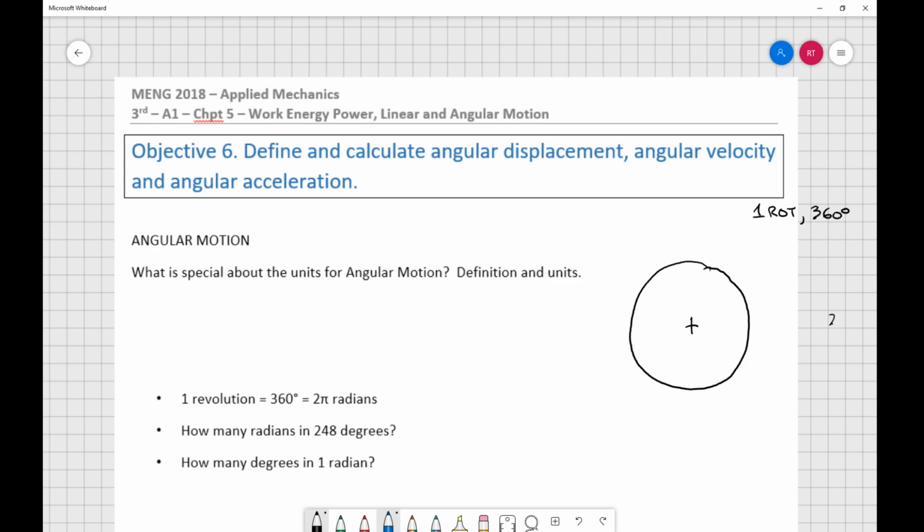When we talk about angular displacement, velocity, and acceleration and do calculations with them, we generally use neither of those. What we use is a value known as a radian.